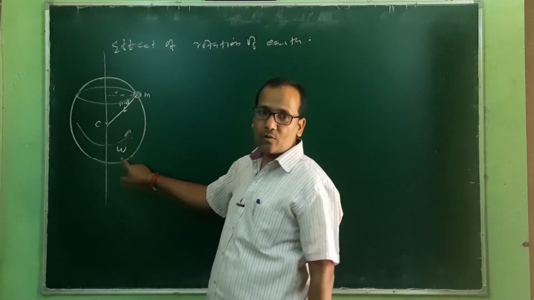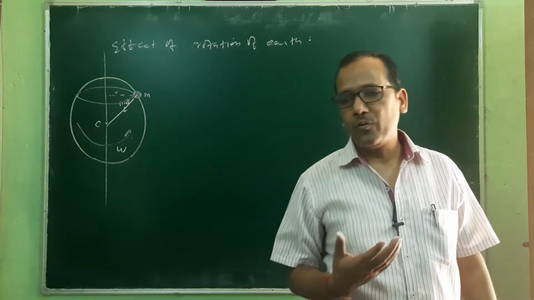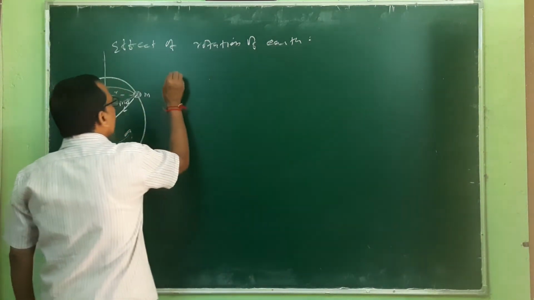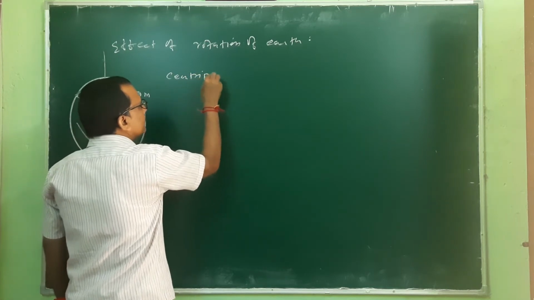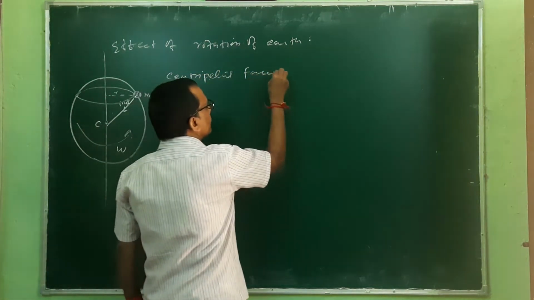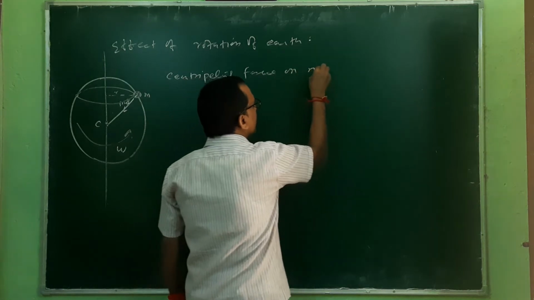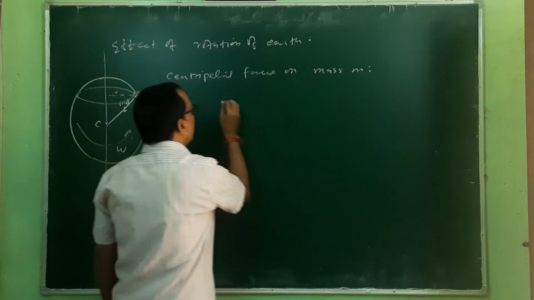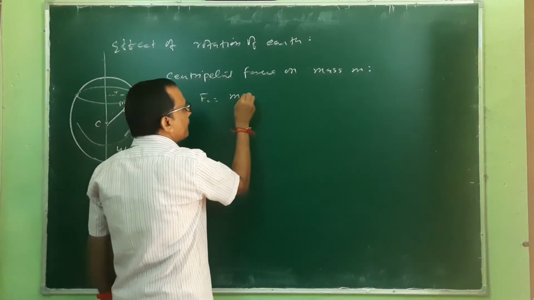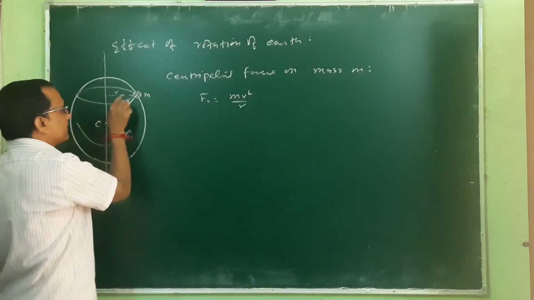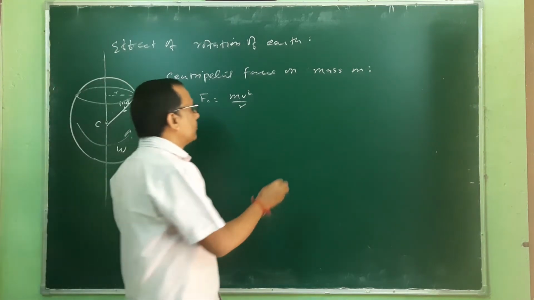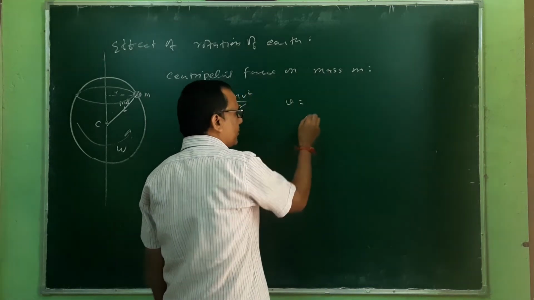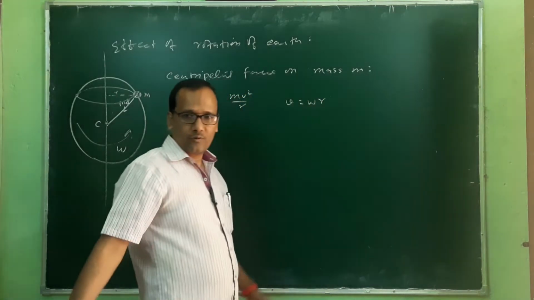And when it's a circular motion, obviously there will be a centripetal force applied. So the centripetal force on the object of mass m, that is F_c, is equivalent to mv^2 by r, where r is the radius of this path, and we know v is equivalent to omega r.